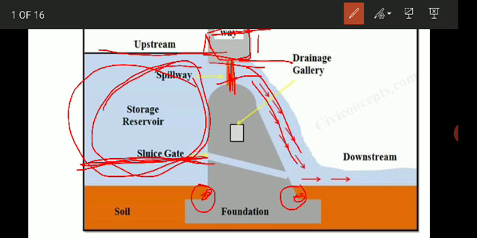If the elevation of the water in the reservoir goes below this, you cannot withdraw the water below this level. So the water stays permanently up to this height. That is called the dead water surface.